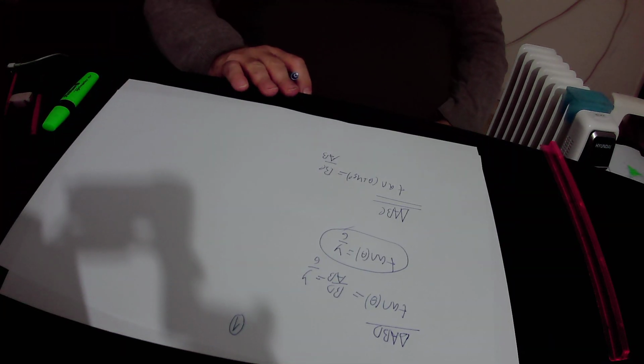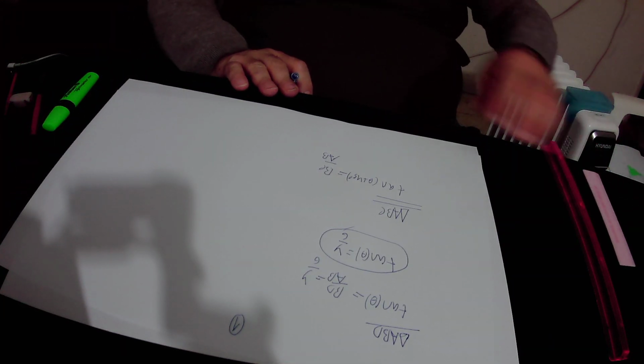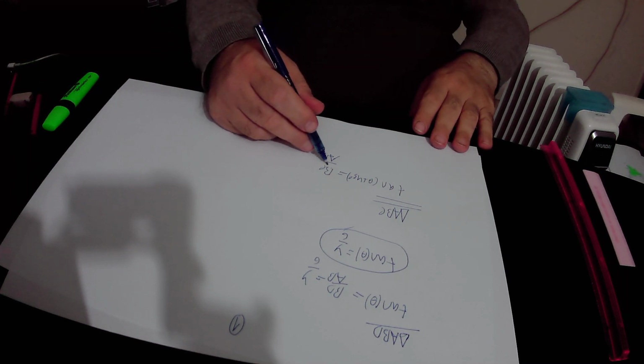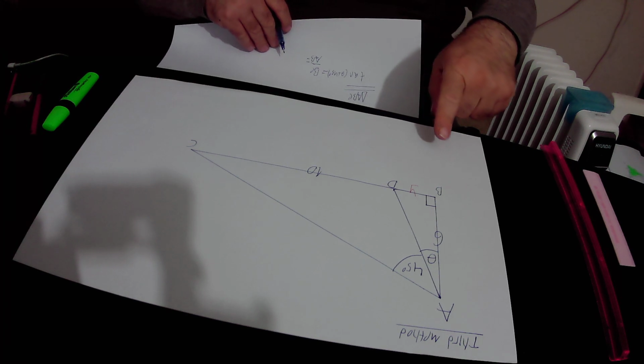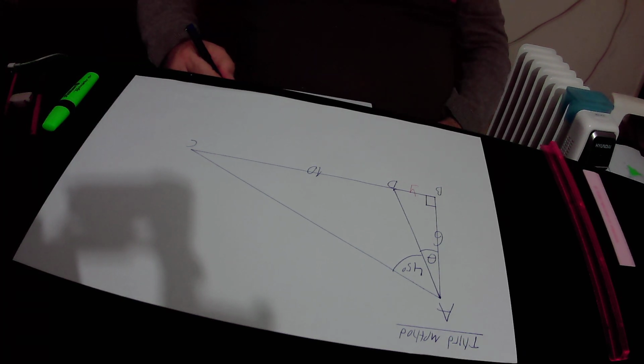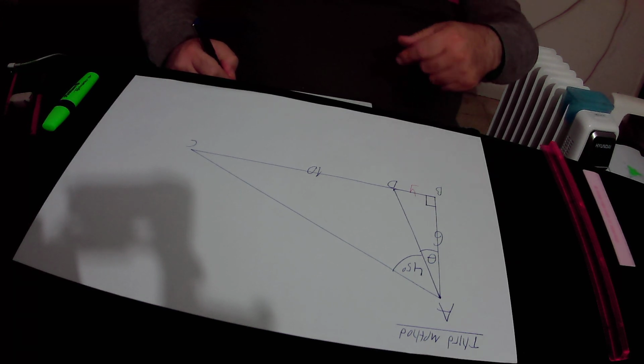I'll repeat again. In the right triangle ABC, tangent of theta plus 45 degrees equals BC over AB. BC equals y plus 10, and AB equals 6.